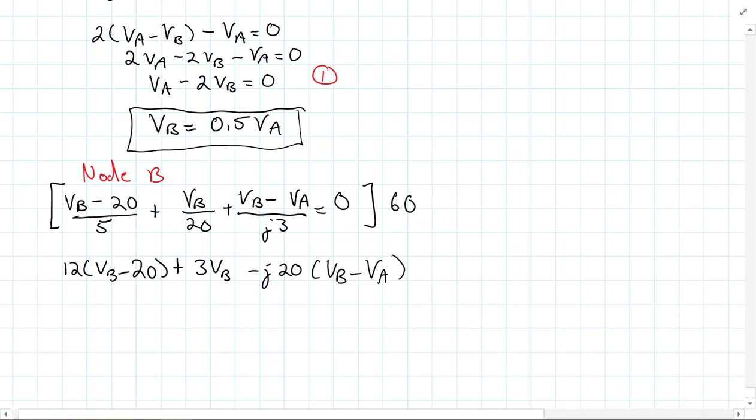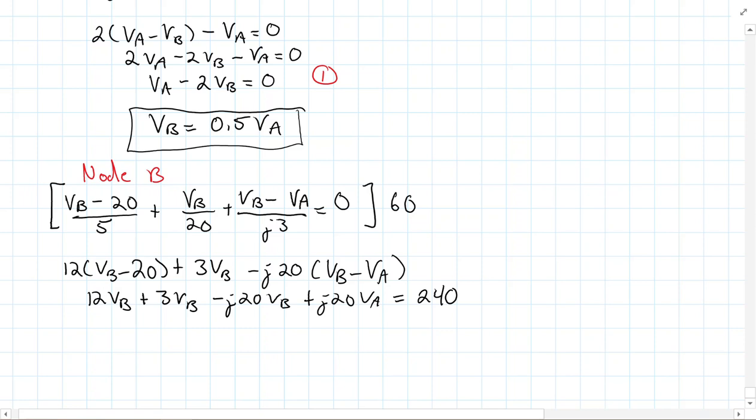So I'm going to go ahead and simplify things here. So we'd have 12 VB plus 3 VB minus J20 VB plus J20 VA, and that should be equal to 240.